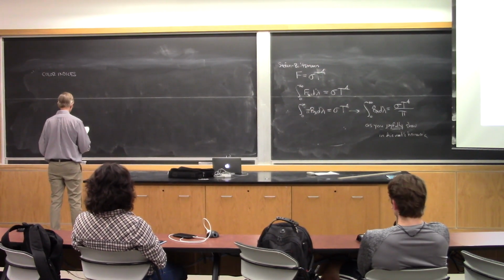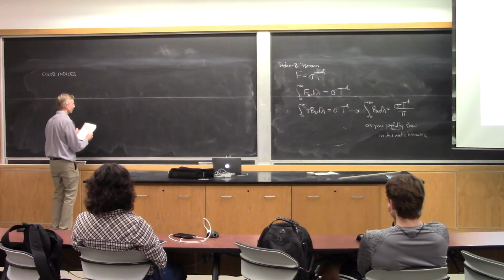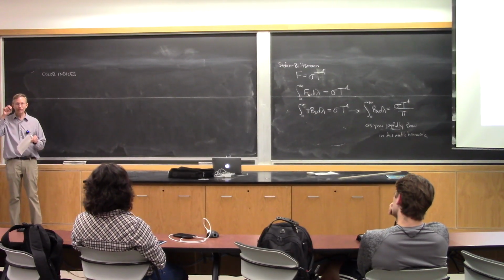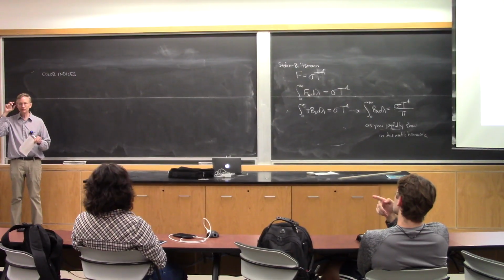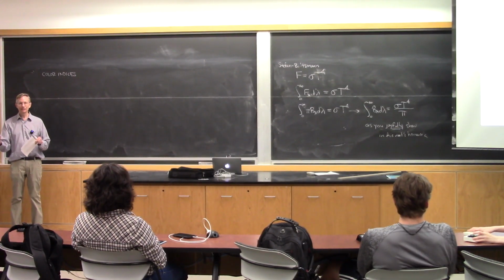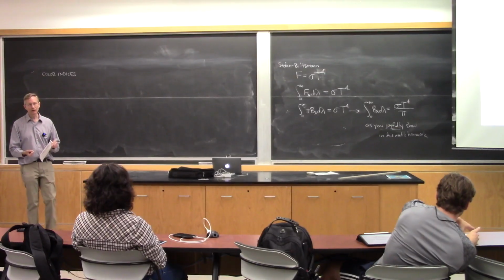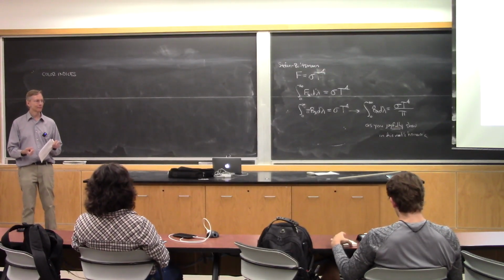So, color indices. Color indices are just the differences of magnitudes measured through different filters like that. So there's what we call, for example, the B minus V color index, which is the magnitude through the B filter minus the magnitude through the V filter. The reason they're useful, jumping ahead, is, let's see, hot stars, are they reddish or bluish in color?